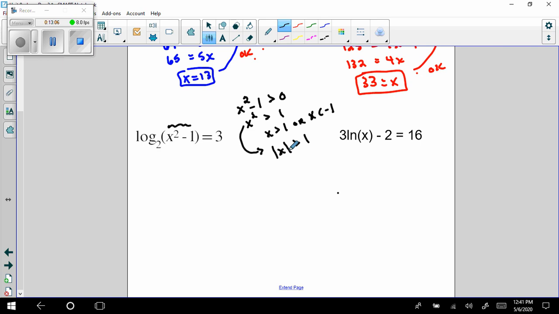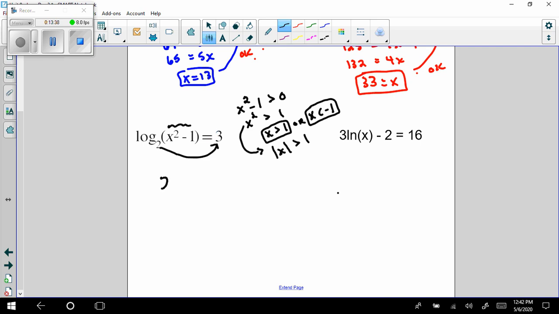So if you think about the absolute value of x, the absolute value of x greater than 1, anything greater than 1 is going to work. But then I have to change this to the negative value and switch my sign. So say x is equal to -2, the absolute value of -2 is greater than 1 because it's 2. So we should be good to go. All right, so these are my two restrictions.